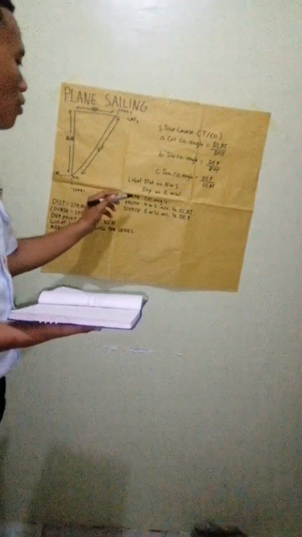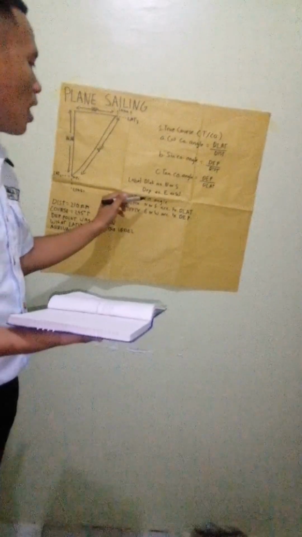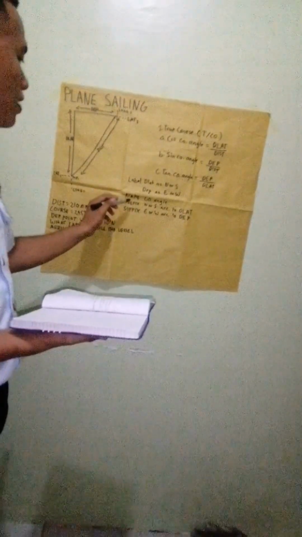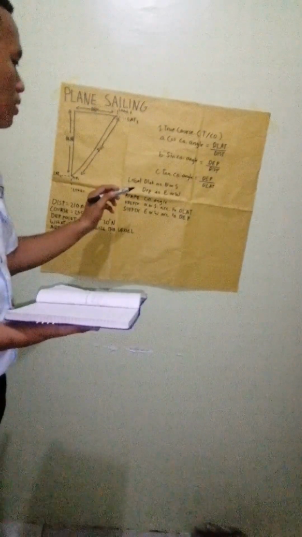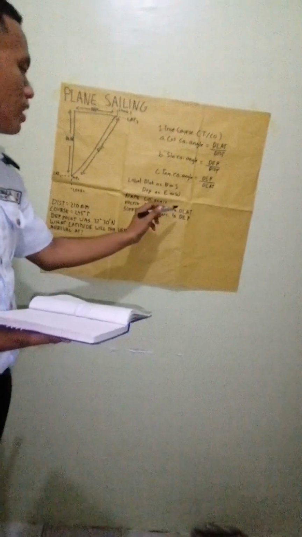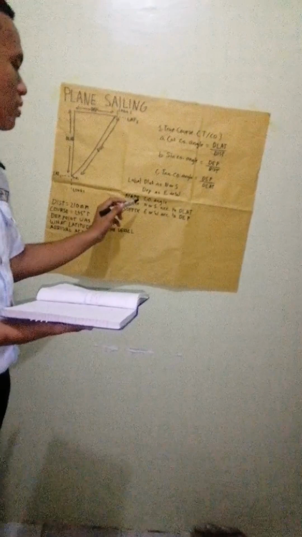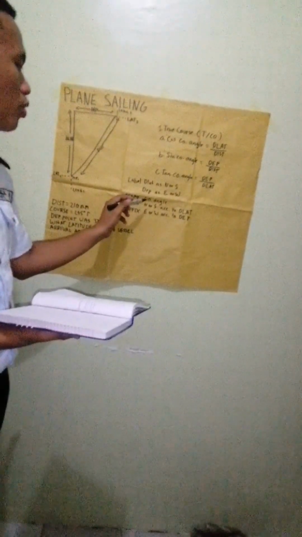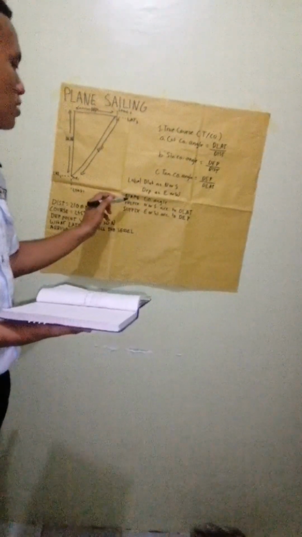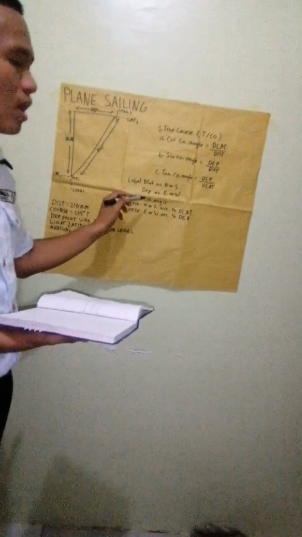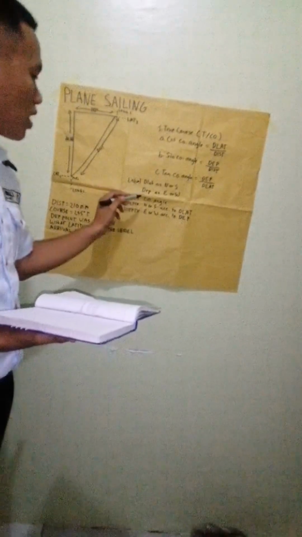And the name of the course angle: the prefix is the d-lat, north or south. This is the prefix of the name of the course angle.